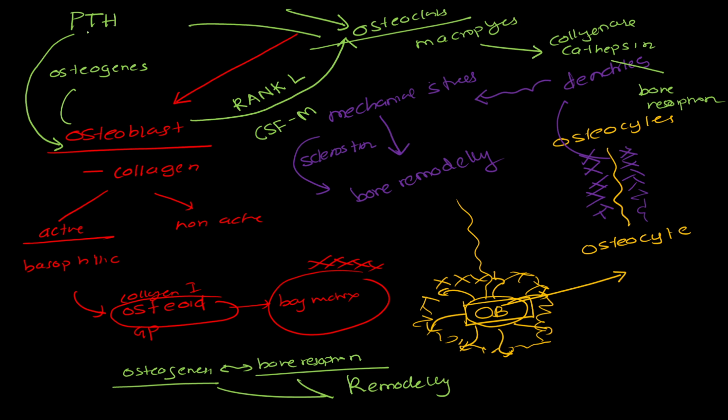What it does is stimulate osteoblasts to produce more RANK L and CSFM to make sure that the osteoclast progenitor population becomes more dense, and thereby promotes bone resorption. Osteoclast cells are inhibited directly by another hormone which counteracts parathyroid hormone, known as calcitonin.